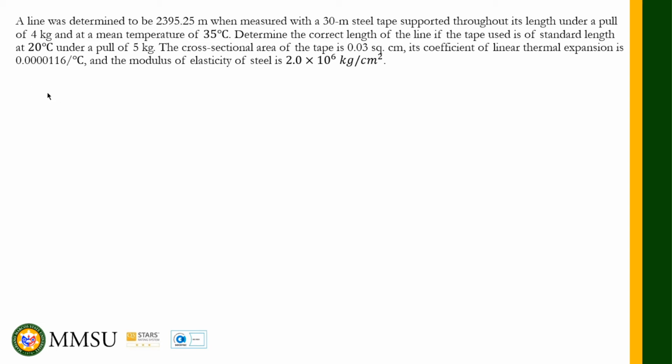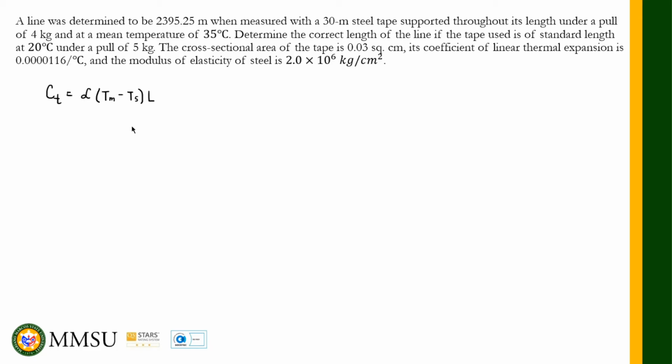Okay, so temperature correction. So the C sub t is equal to alpha, and then the change in temperature, the temperature during measurement minus the standard temperature multiplied by the length of the tape.